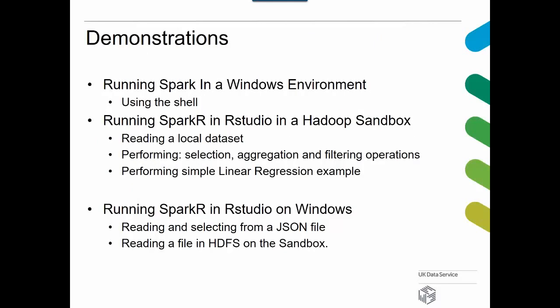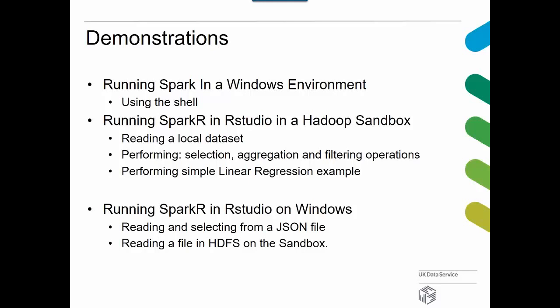So the demonstrations we're going to do: I'm going to start off by showing you Spark running in a Windows environment, just using what's called the standard shell. In our case, we're going to use the PySpark shell. You can use the Scala shell, you can use the SparkR shell and various other shells, but we'll use the PySpark shell for that.